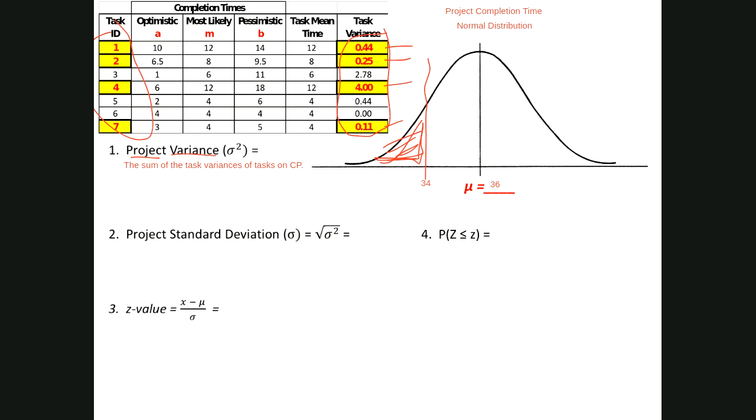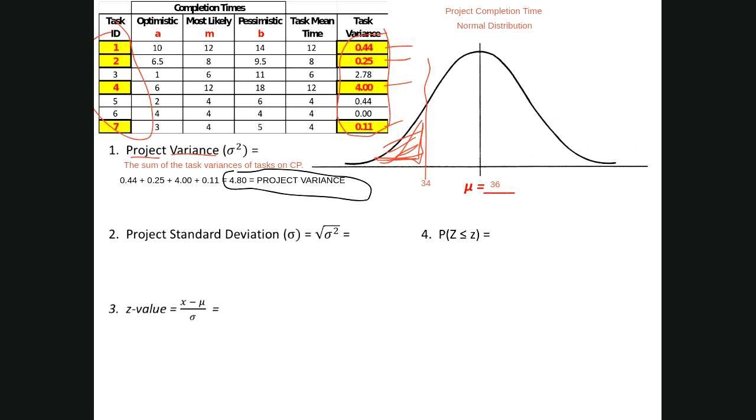This is the project variance, or sigma squared. So 4.80 is our project's variance, which is the sum of those variances of the critical path.